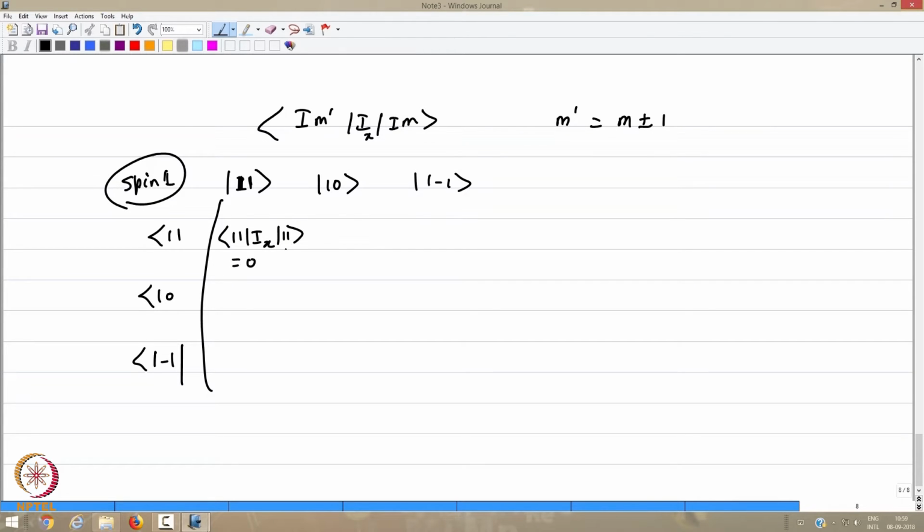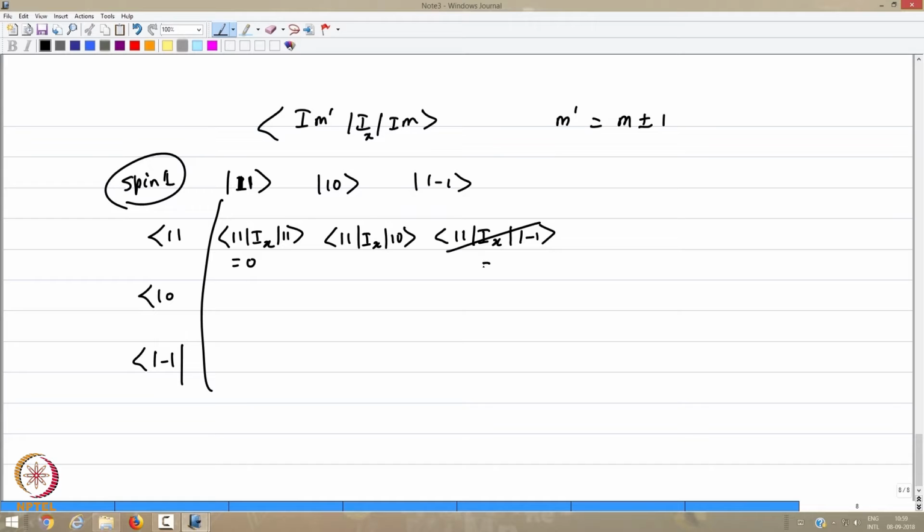This is 0 because the two states are identical. This element is 1 1 ix 1 0. This is not 0 because m prime is equal to m plus 1; there is a plus component of this which will raise 0 to 1, and therefore, this element is non-zero. But on the other hand, this will be 0 because here m prime, this minus 1, is not m plus or minus 1, but it is actually 2 off.